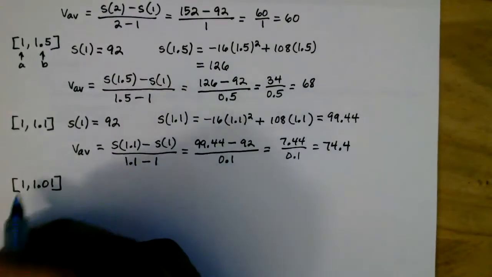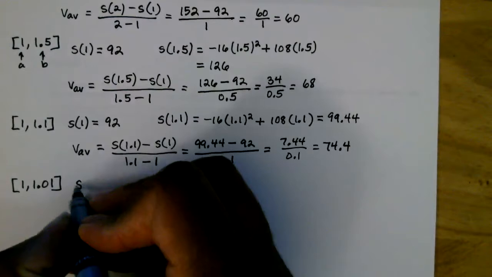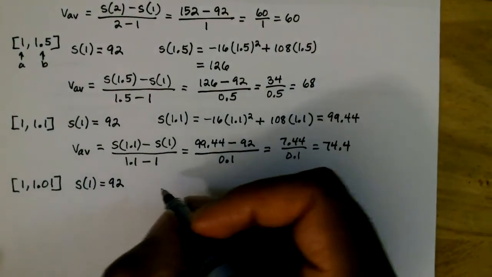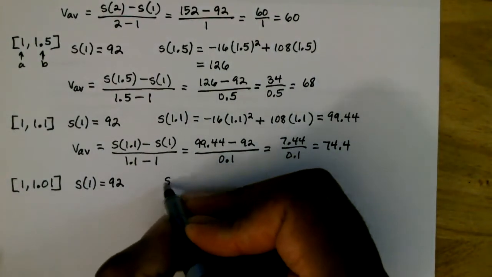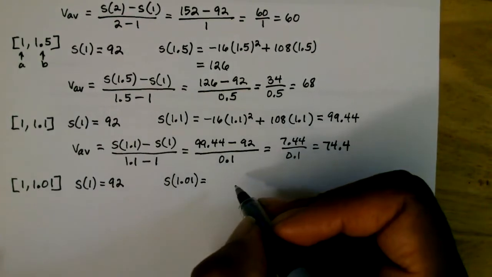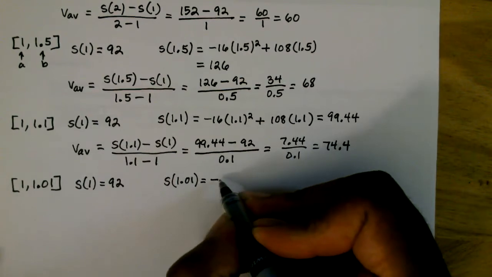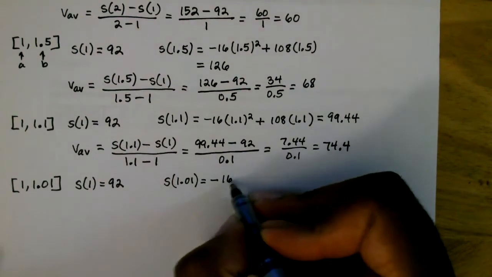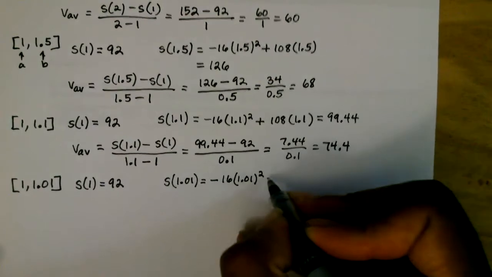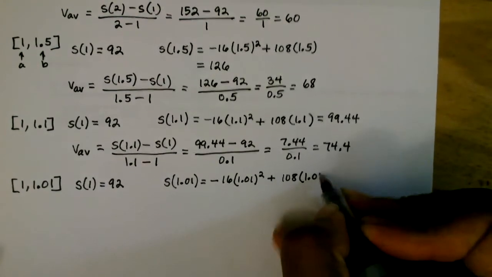Okay, so now let's look at from 1 to 1.01. Well, S of 1 is 92, by the way. So that's not changing. But for S of 1.01, we have to substitute our t with 1.01. So this will be negative 16 times 1.01, and that's squared, plus 108 times 1.01.